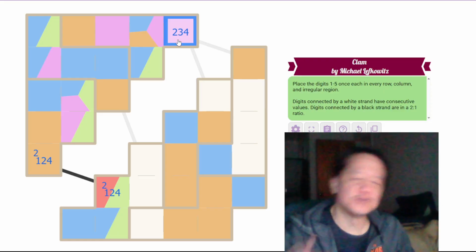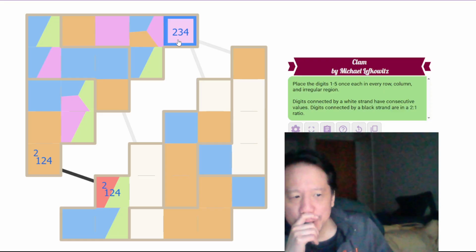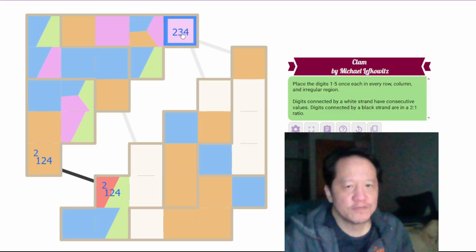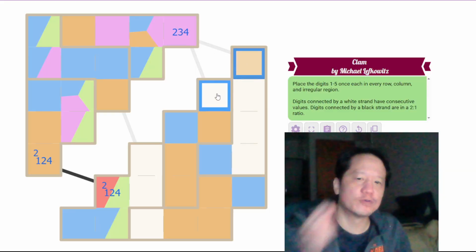What happens if this is 3? That's interesting. If this is 3, this becomes a 2-4 pair.